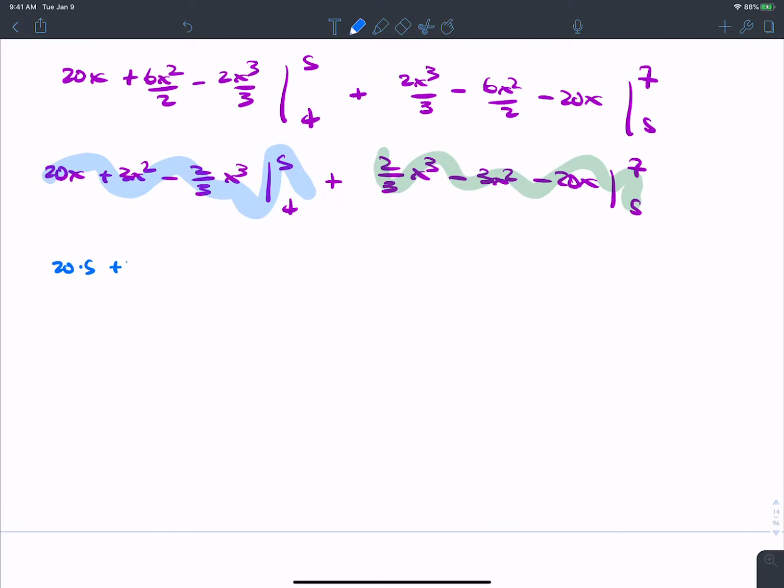20 times 5 plus 3 times 5 squared minus 2/3 times 5 cubed, minus 20 times 4 plus 3 times 4 squared minus 2/3 times 4 cubed. Let's get that answer.